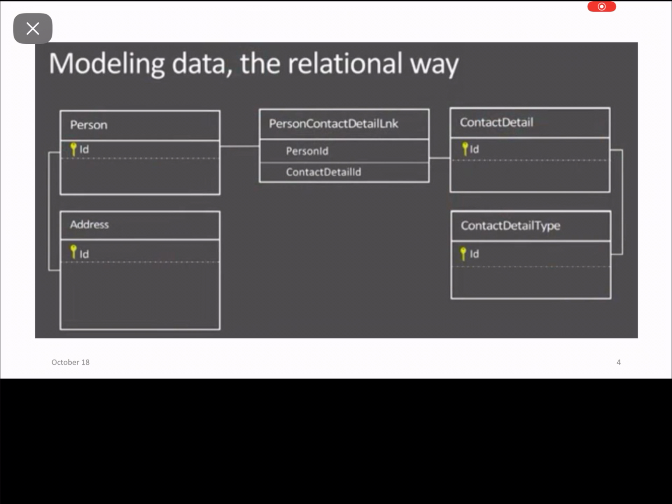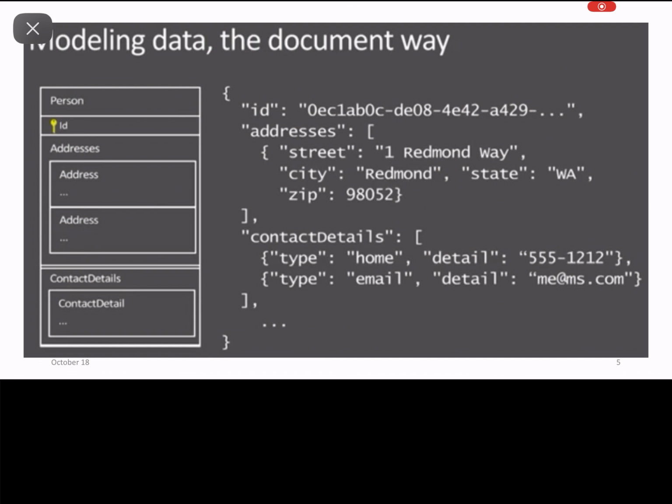If we were to use relational, we would have something like this. I'm sure you can identify this as the so-called bridge of a many-to-many relationship between person and contact detail. In document NoSQL, the modeling would look something like this, where all of those different entities, in the form of information, attributes and properties, will be put in a single placeholder.